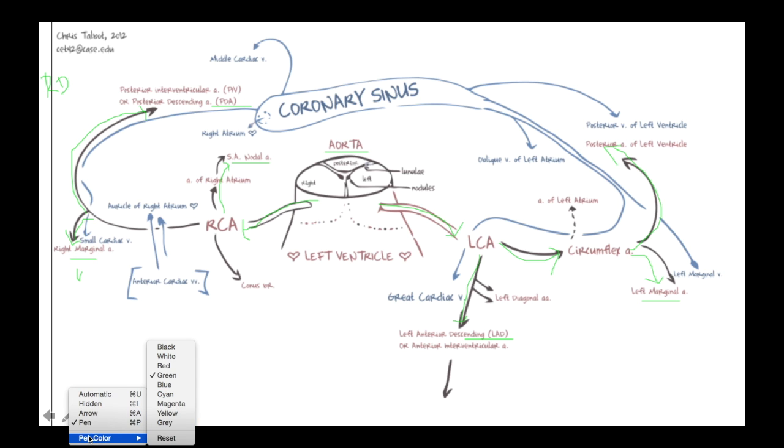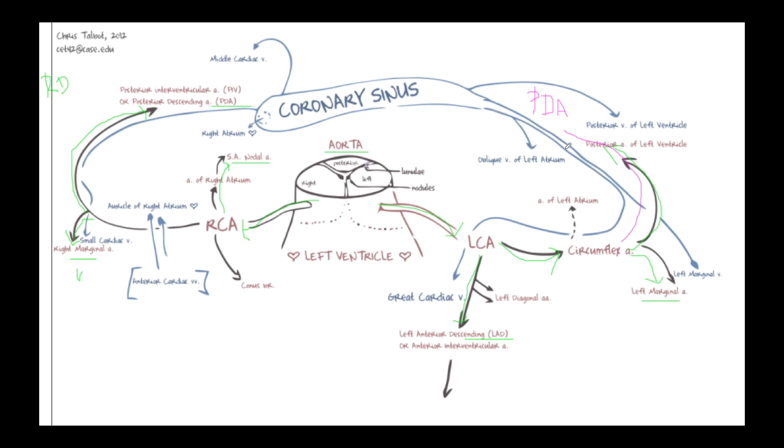And in the fewer amount of people that have left dominant circulation, the PDA will be stemming from the circumflex artery here. And for those with codominant circulation, our PDA is going to be stemming from both the right coronary as well as the left circumflex.